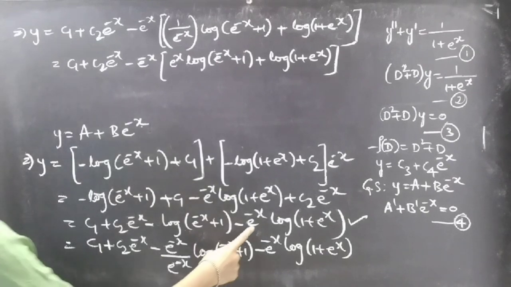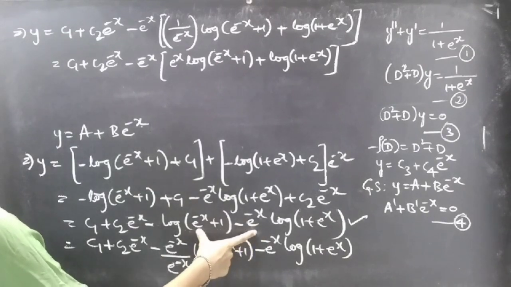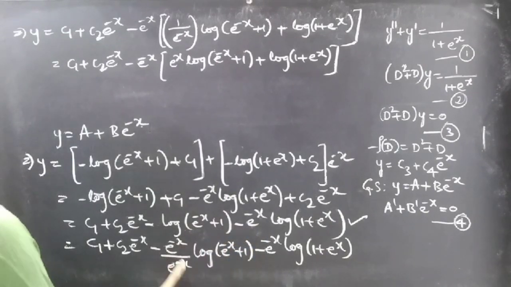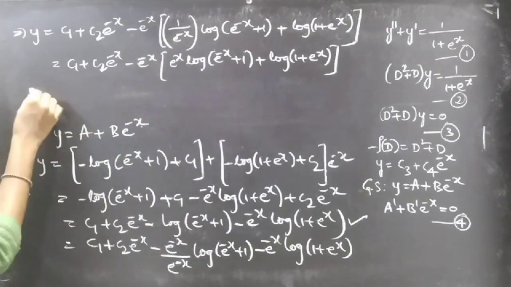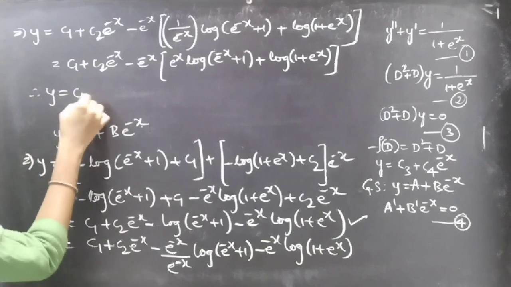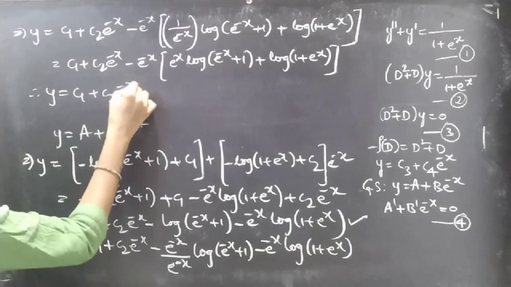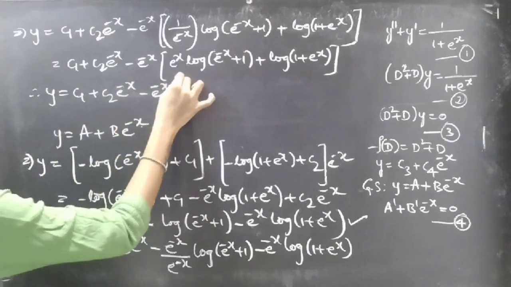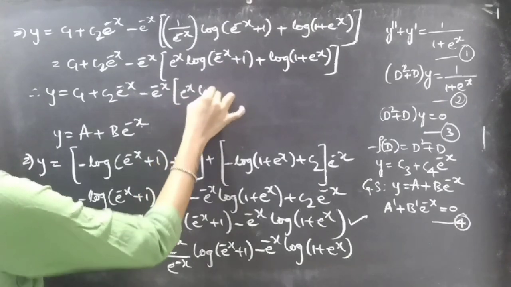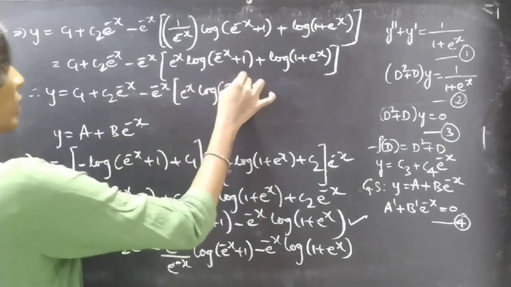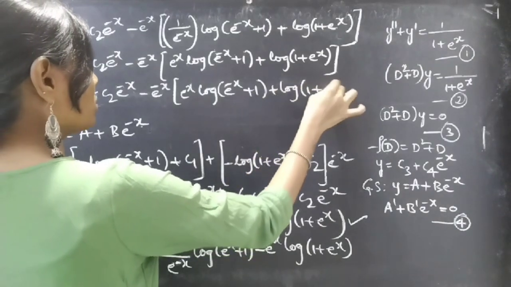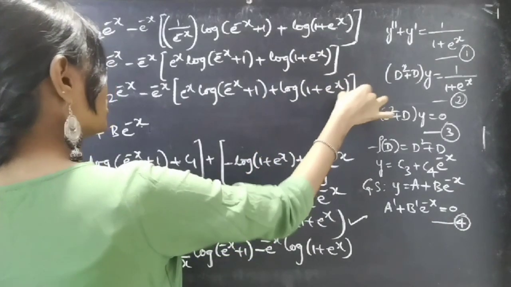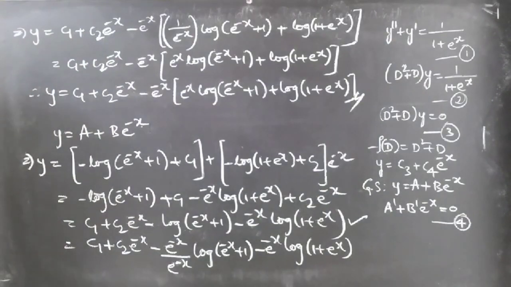If you wish to take minus e power minus x common from these two terms, we'll just multiply and divide e power minus x to the third term, okay? Fine, therefore, y equals c1 plus c2 e power minus x minus e power minus x of e power x log of e power minus x plus 1 plus log of 1 plus e power x is the required solution to our problem.